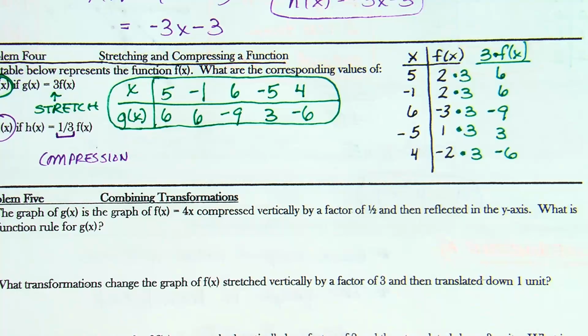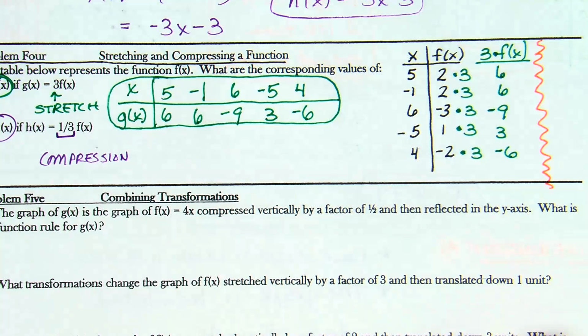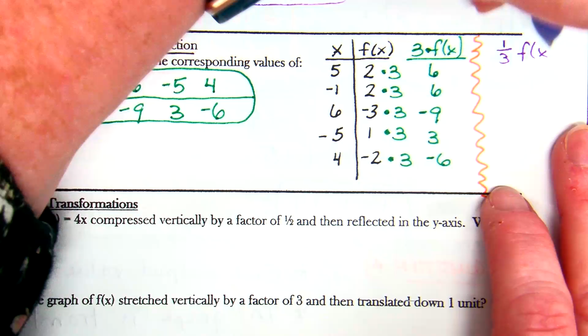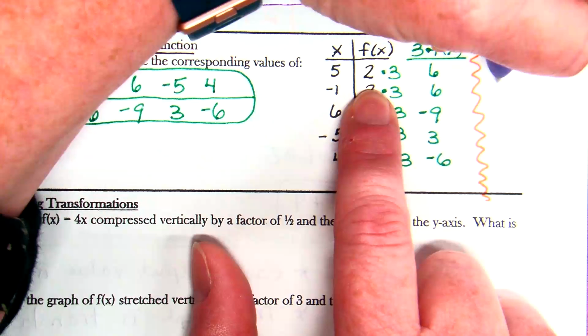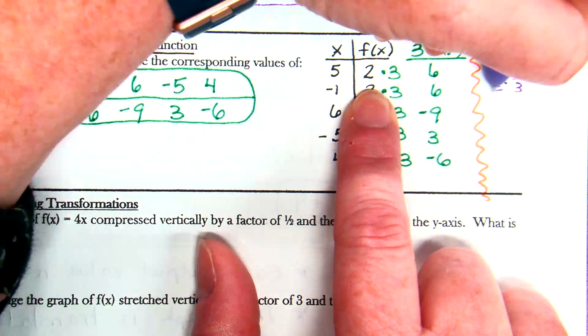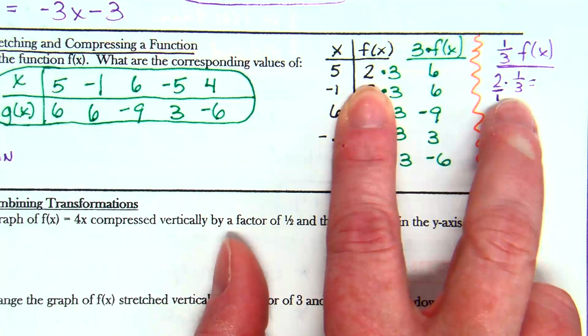1/3 f of x. Okay. So, I say multiplying by 1/3. Lily says, so dividing it by 3? Yes, that works. If this value is 2 here, I would say 2 times 1/3. But what is 2 as a fraction? It's 2 over 1. And 2 over 1 times 1 over 3 is going to be 2/3. Or so, as she said, 2 divided by 3, 2/3.